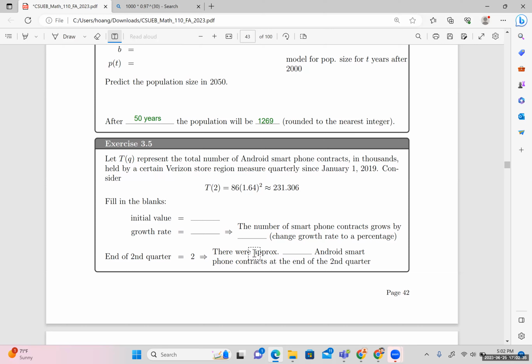And the number of smartphone contracts grows by some percent.